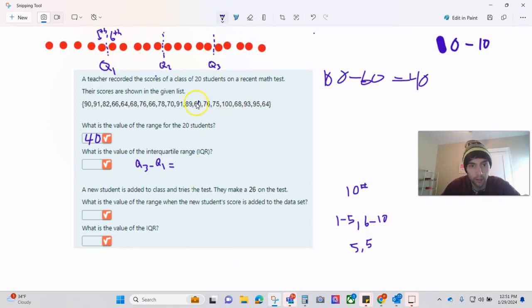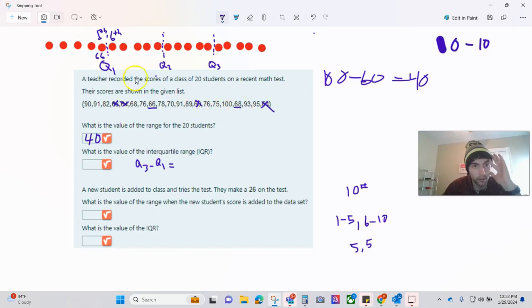The smallest number is 60. That's the first smallest. What's the next? So I have 64. So second, third. Then I got 66. That's fourth. 66 is my 5th number.